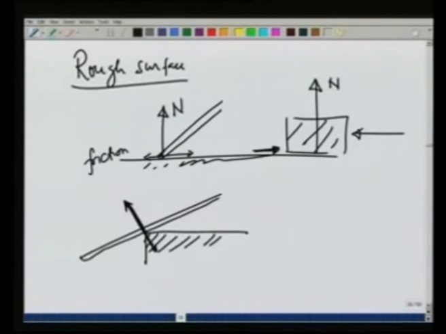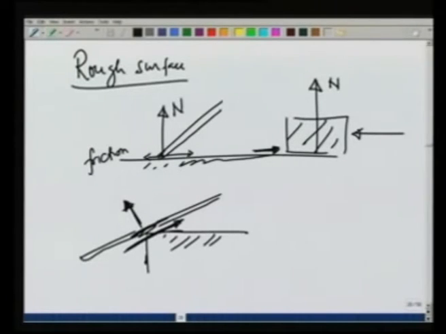Of course, the direction in this side would not be there. The only direction in which the edge can apply a force on to the plank is in this direction. If on the other hand there is some roughness, then there could be a force, frictional force in this direction also.